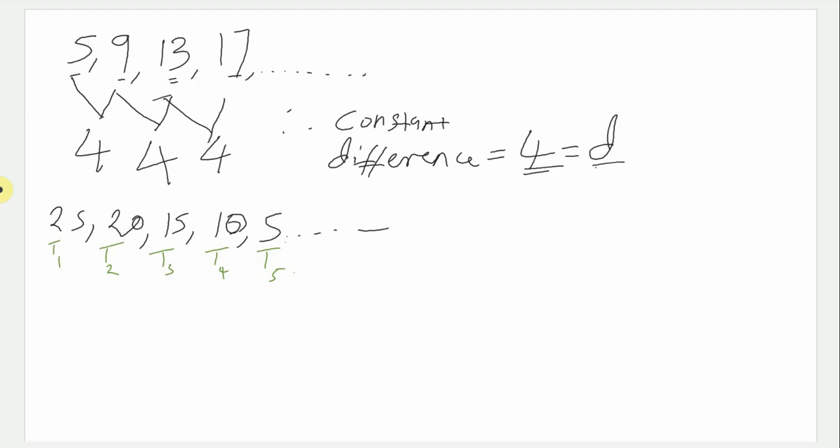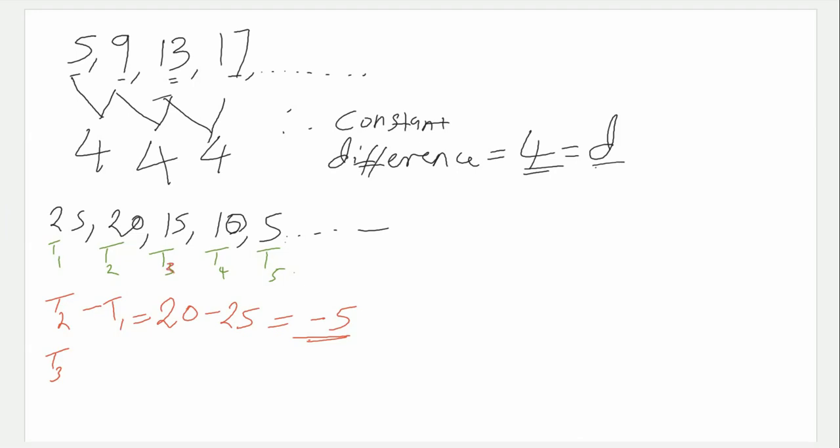We're going to have T2 minus T1, which is 20 minus 25, and then we know that our answer is negative 5. And then Tier 3, this is 3, it's not 5.